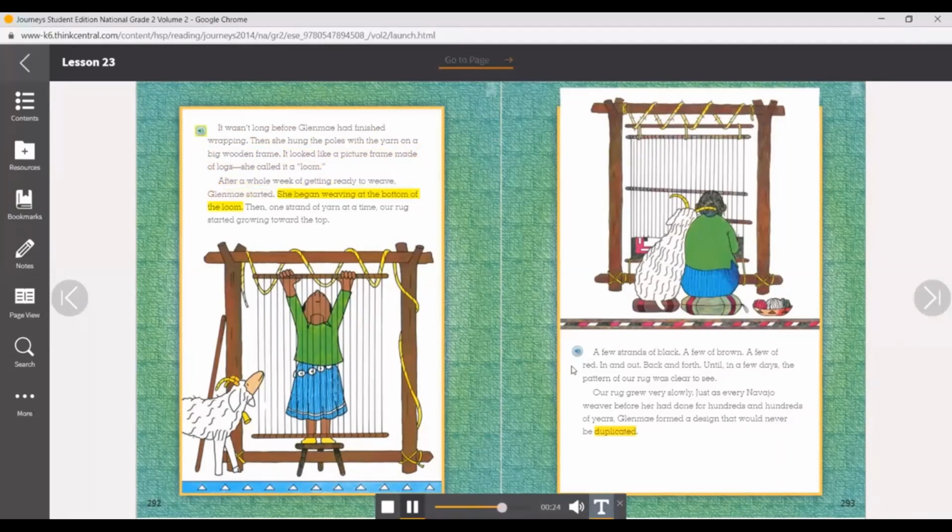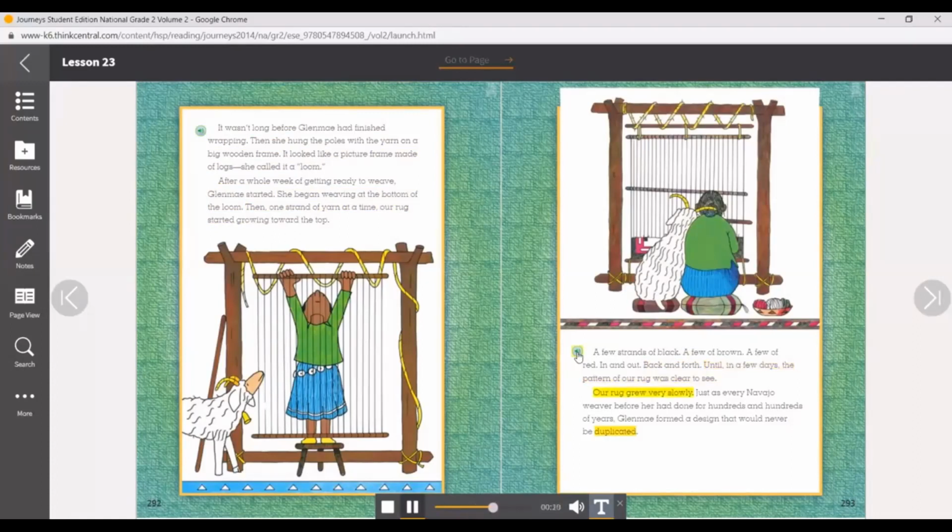She began weaving at the bottom of the loom. Then, one strand of yarn at a time, our rug started growing toward the top. A few strands of black, a few of brown, a few of red, in and out, back and forth, until in a few days, the pattern of our rug was clear to see.